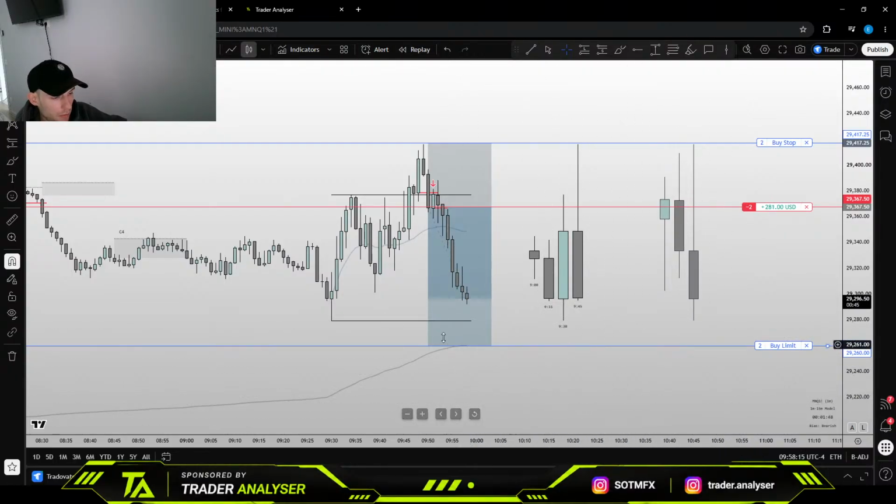So 2 minutes left until the 1 hour candle closure, and I would still expect price to continue pushing lower.